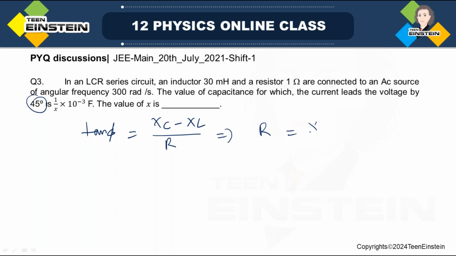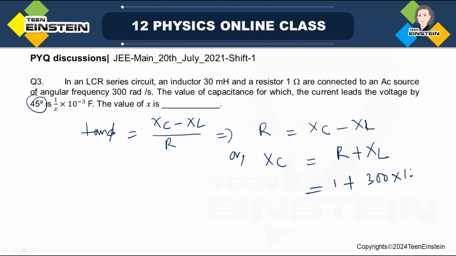So guys, here xc will be equal to r plus xl, and xl, as you know, is omega into L. Omega is 300 and L is 30 into 10 to the power minus 3.